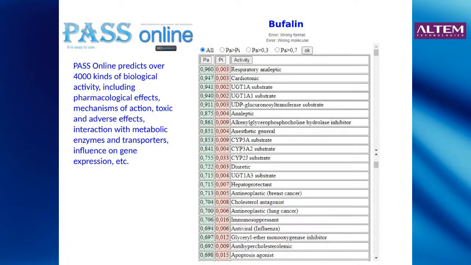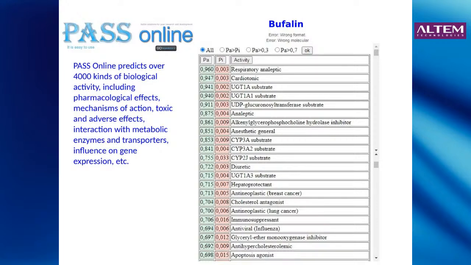So once the SMILES structure is obtained, you can take the SMILES structure and plug it into different tools to identify the different properties, the pharmacokinetic properties and toxicology properties of the molecule. So this PASS online server is a very interesting tool. It can predict the biological activity of different molecules.